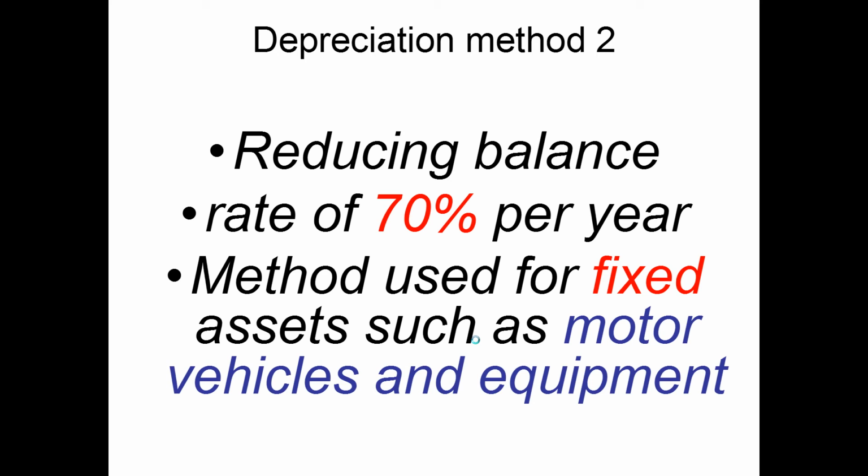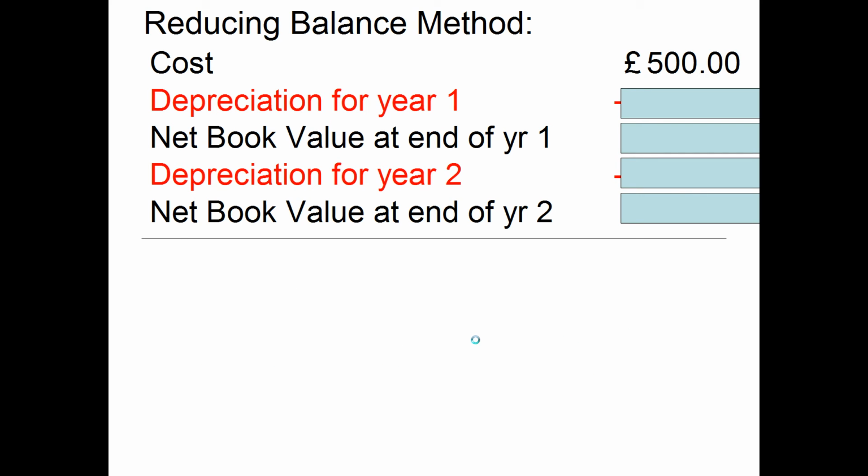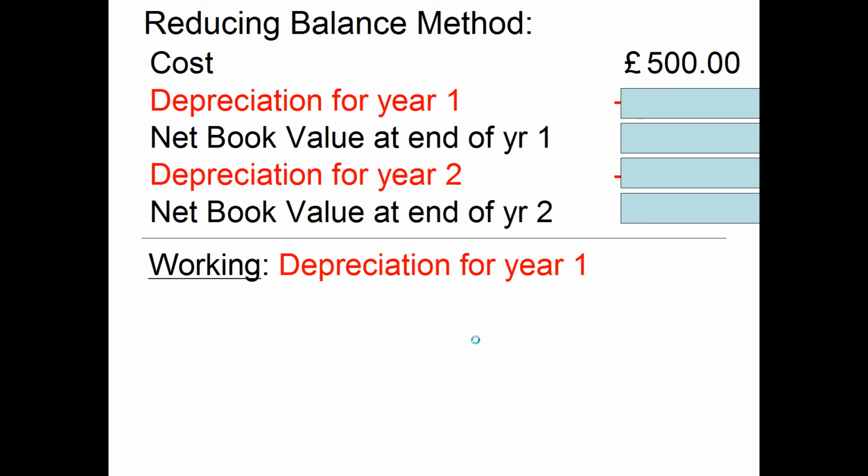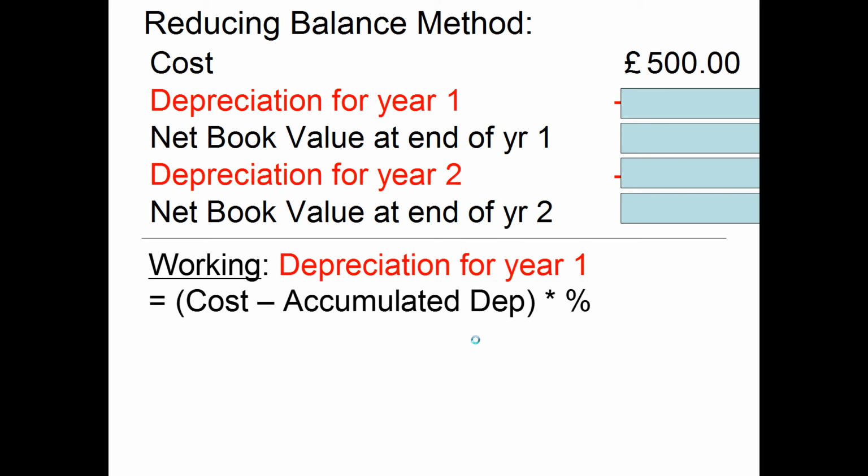So the method here, working for depreciation in year 1, we find cost, and we take away any existing depreciation. So the rule in reducing balance is that you need what's called the net book value. Now the interesting bit about this method is in year 1, when you're finding the first year's depreciation, there's no existing depreciation. So when you're working this one out, you don't have to write this, it's just to explain it.